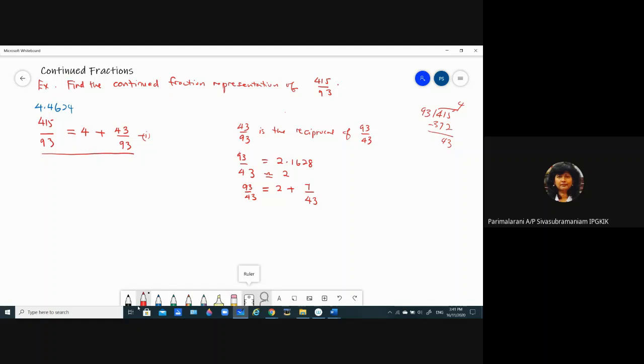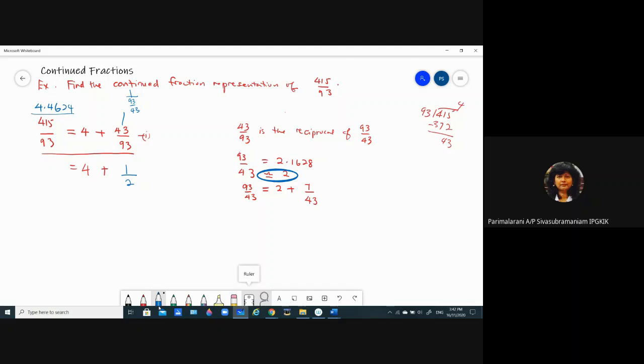Then 415 over 93 is also equal to 4 plus 43 over 93, which is equivalent to 1 over 93 over 43. And since that is approximately 2, we can say this is 4 plus 1 over 2, right?